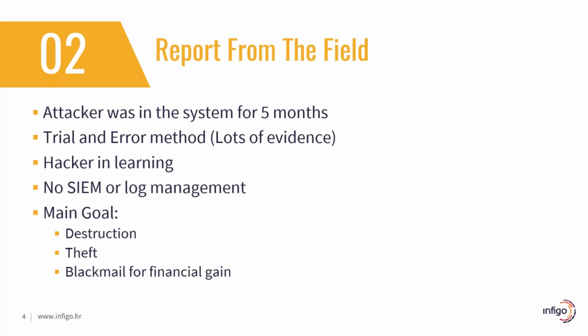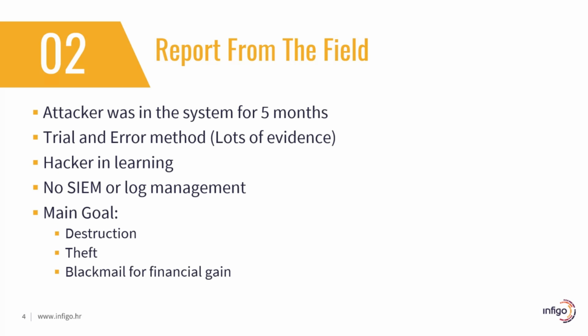About the incident now, the attacker was in the system for 5 months, so quite a long time, and he did not really follow any playbook or rules of engagement.